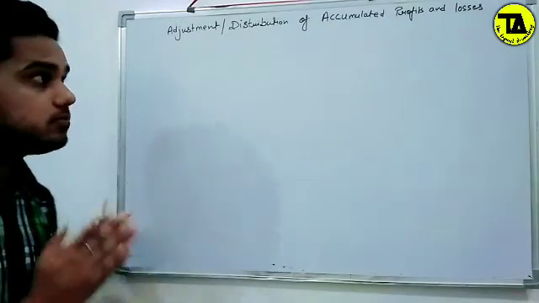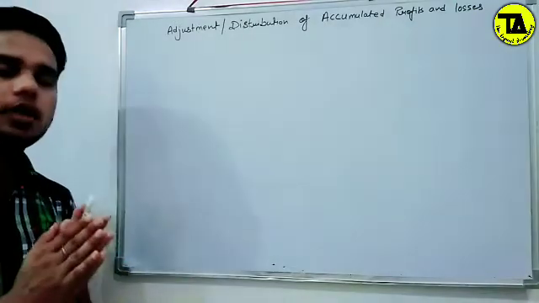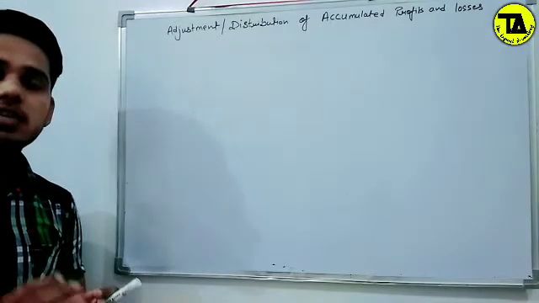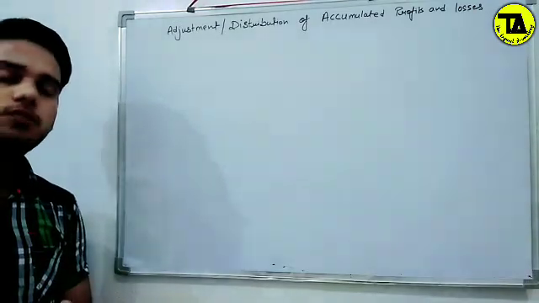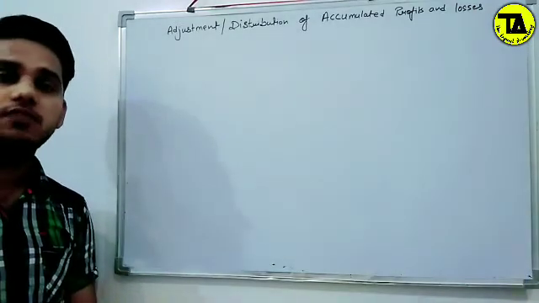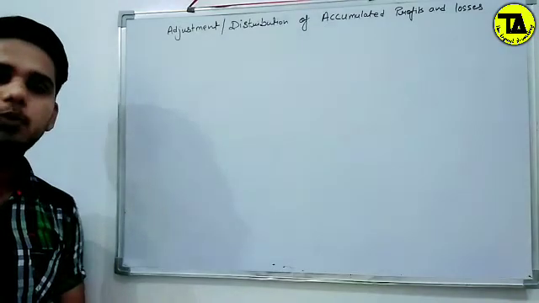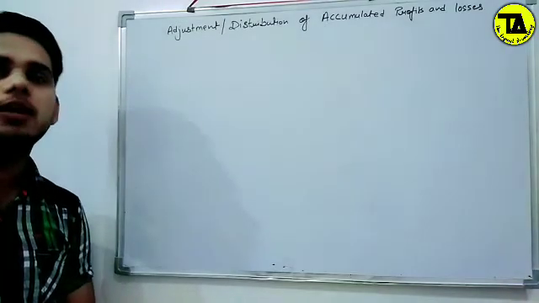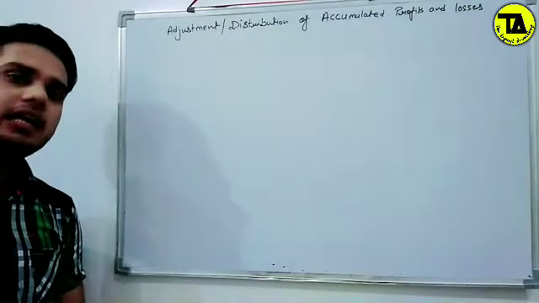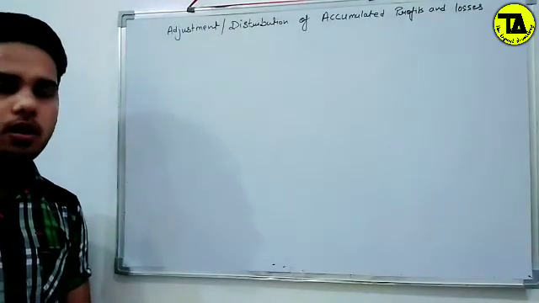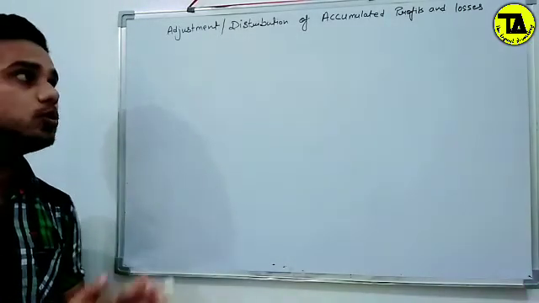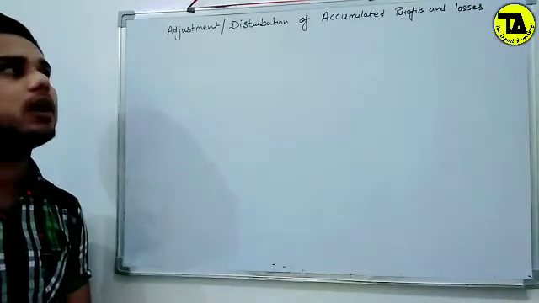See, what accumulated profit or accumulated loss means is, whenever in a partnership firm or in any kind of business we earn some profit, that profit is distributed to the owners, or indirectly it gets added to the capital account, right? The same thing applies in partnership also.